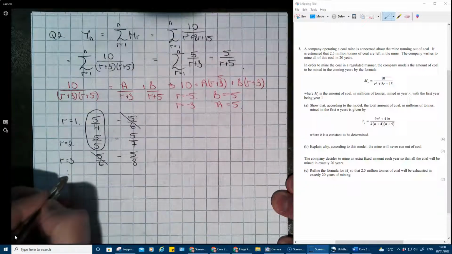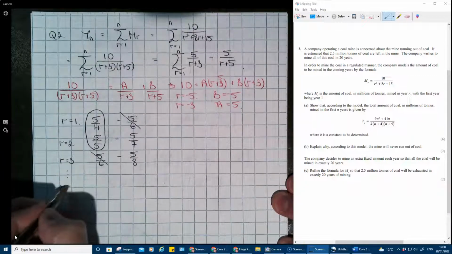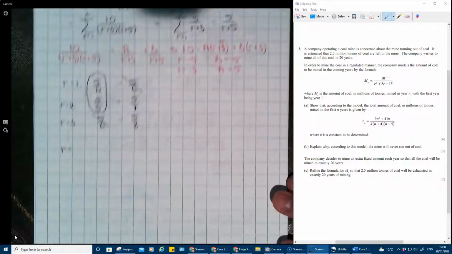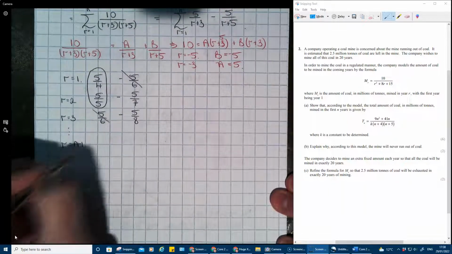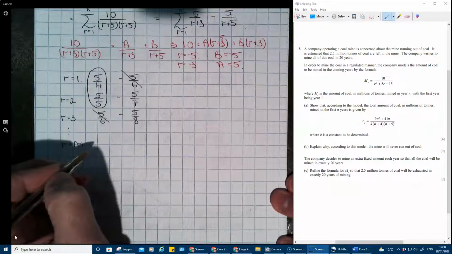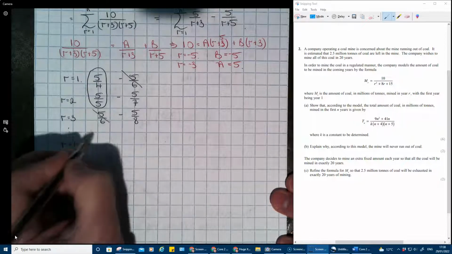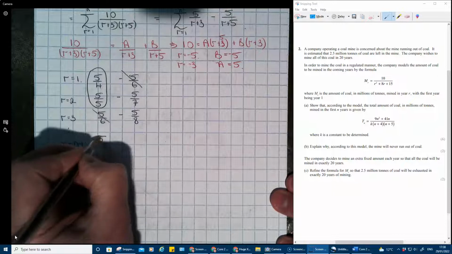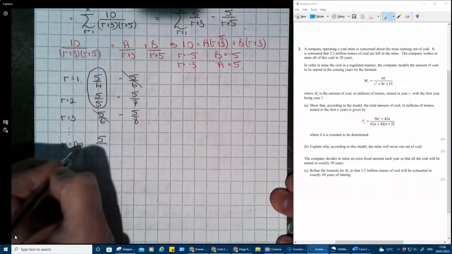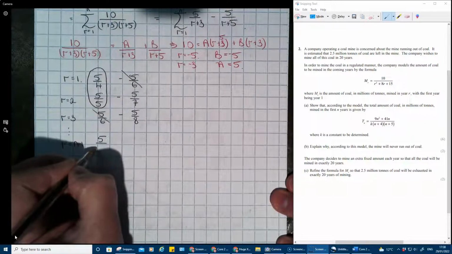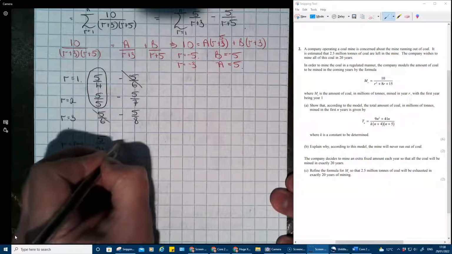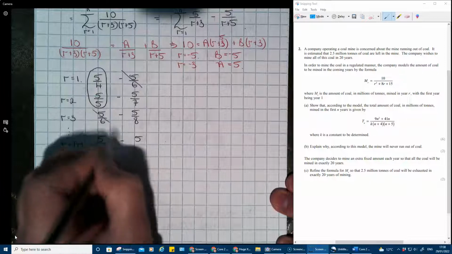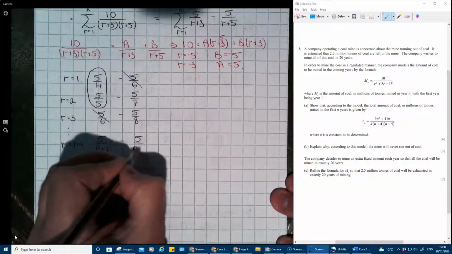So dot dot dot. R equals N minus 1, and I get 5 over N minus 1 plus 3, which is N plus 2, take away 5 over N plus 4.